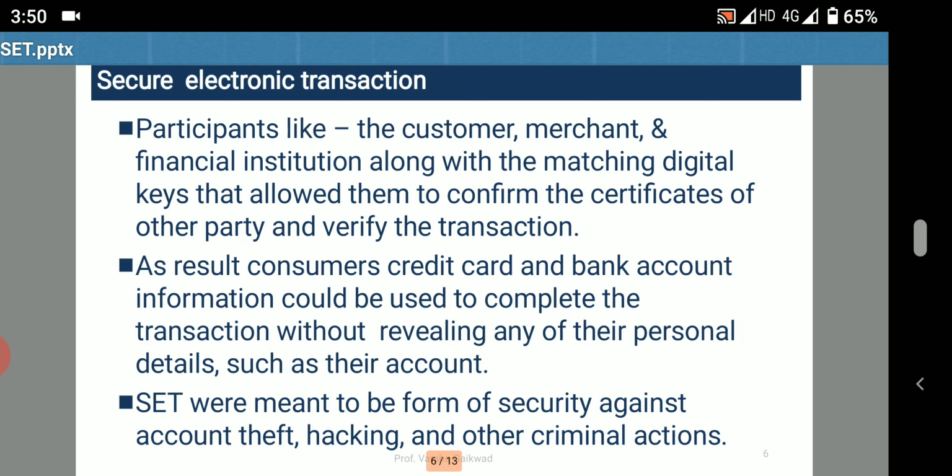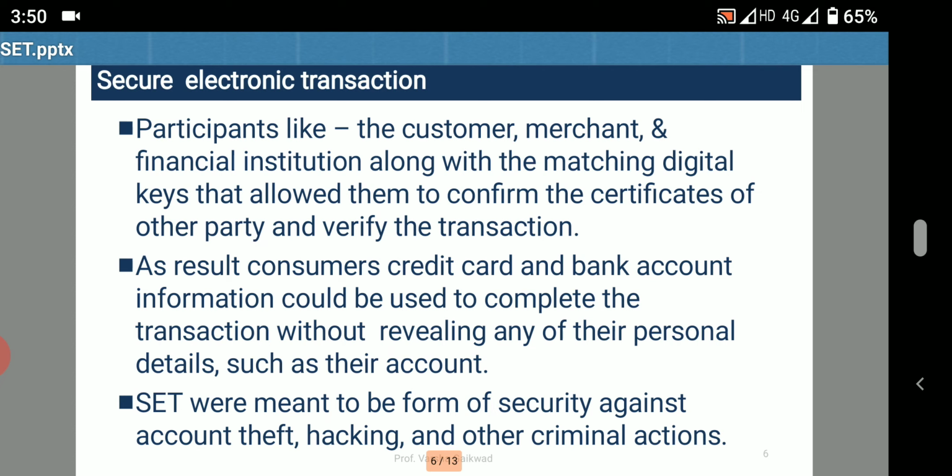So when the transaction happens, the consumer's credit card and bank account information is used, but their personal account details are not revealed, such as their account number.